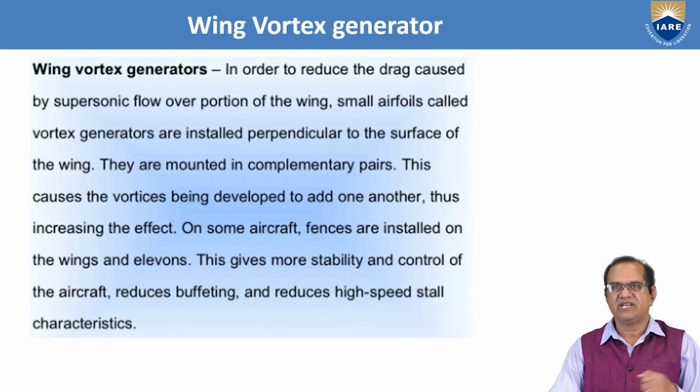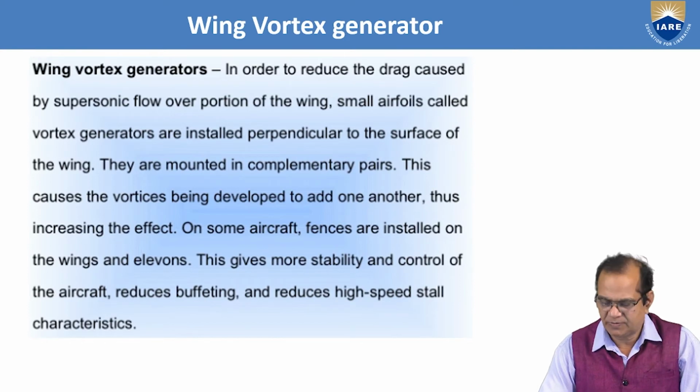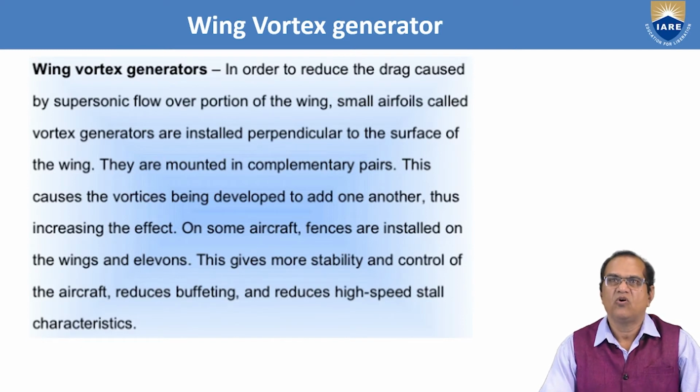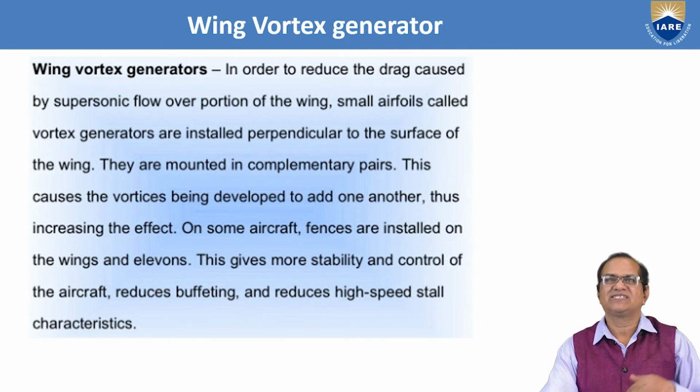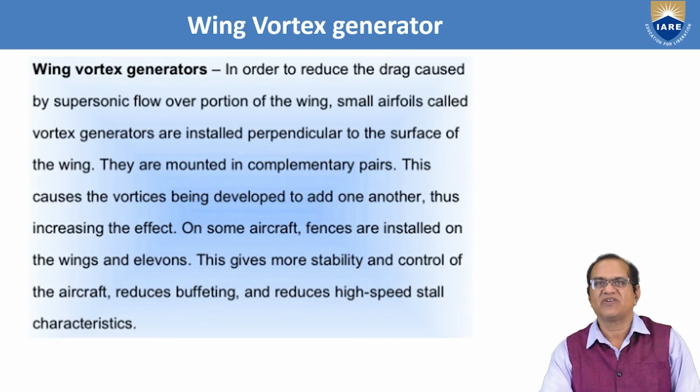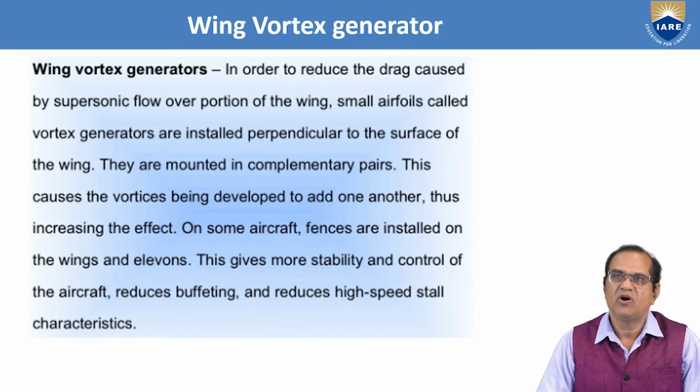Wing vortex generator, another lift producing device. In order to reduce the drag caused by supersonic flow over portions of the wing, small airfoils called vortex generators are installed perpendicular to the surface of the wing. They are mounted in complementary pairs.